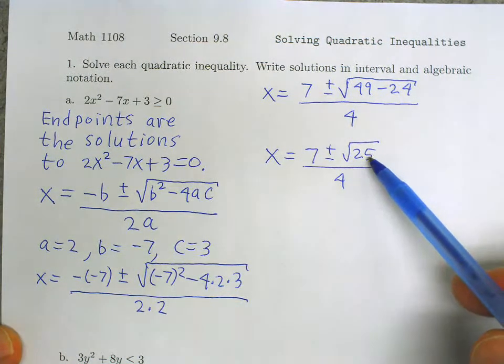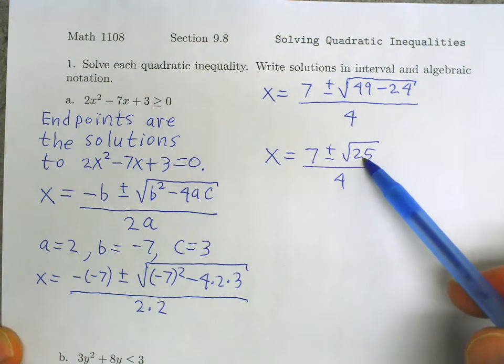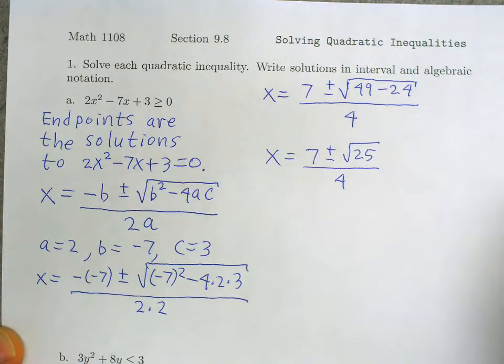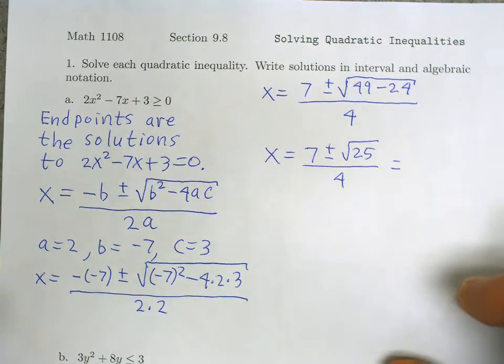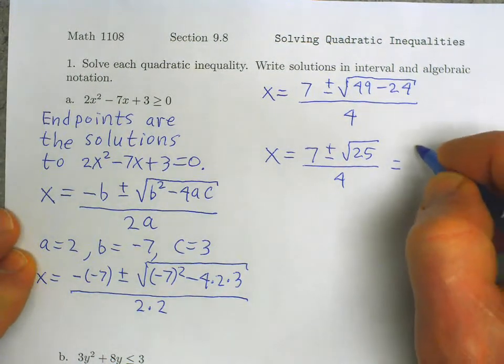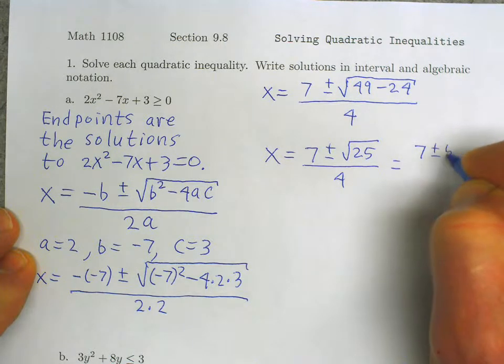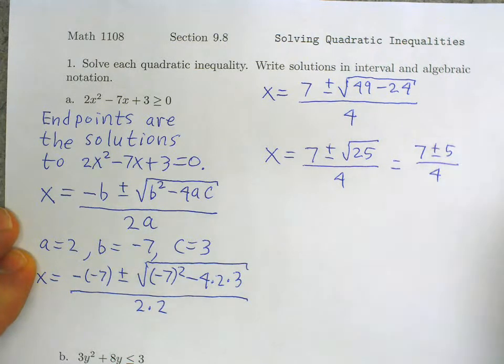The square root of 25 is 5, since 25 is a perfect square. So the two solutions are 7 plus and minus 5 divided by 4.